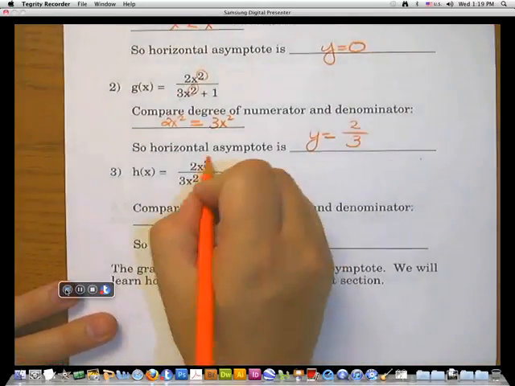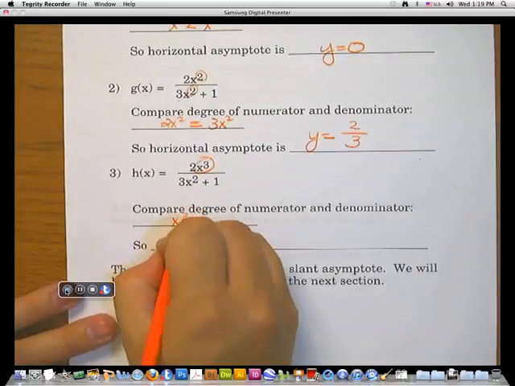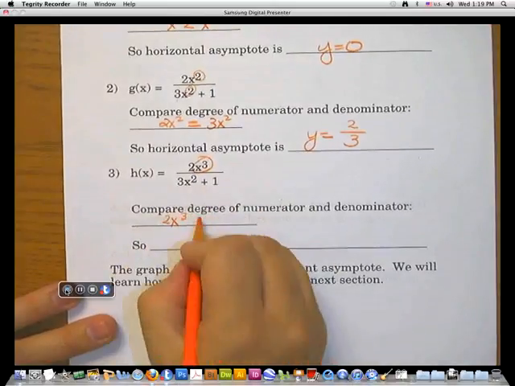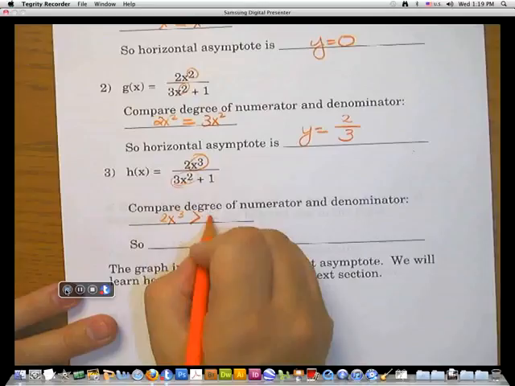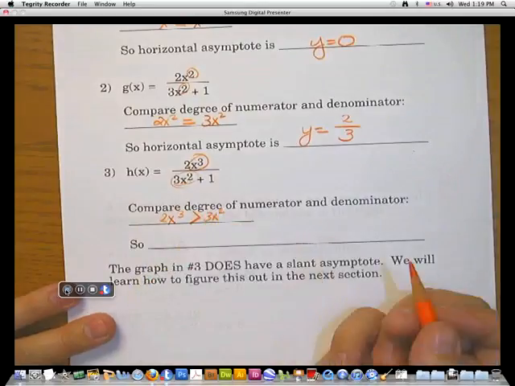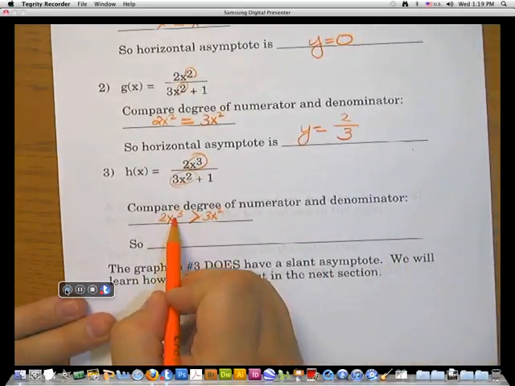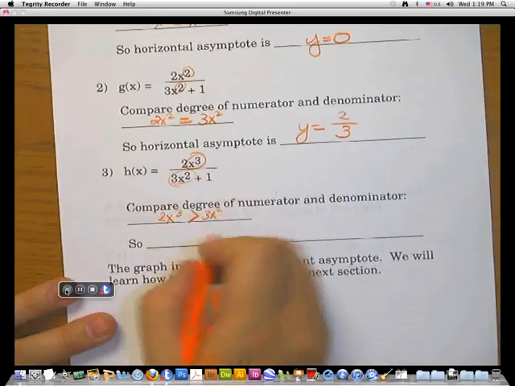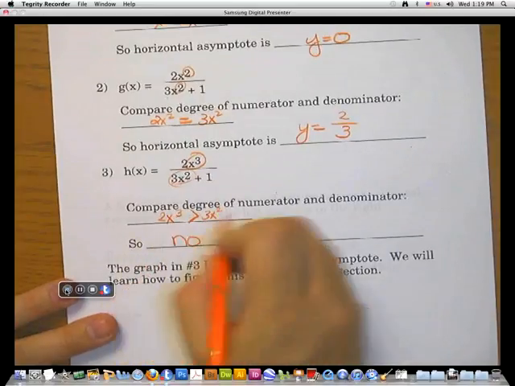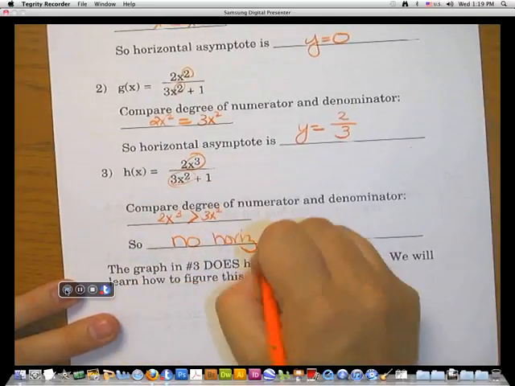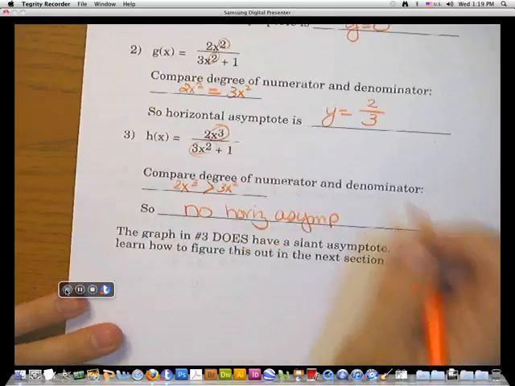Here the numerator is 3x cubed, and it's going to be greater in degree than the 3x squared. So if 3 is greater than 2, we say there is no horizontal asymptote.